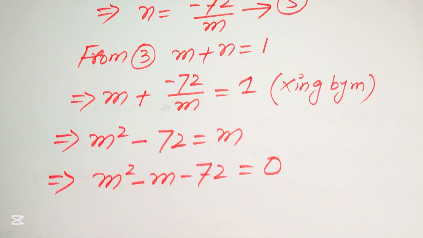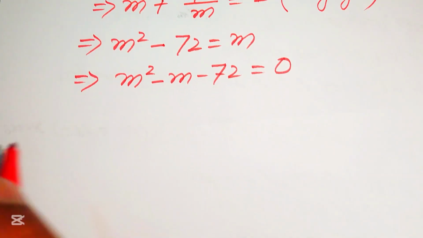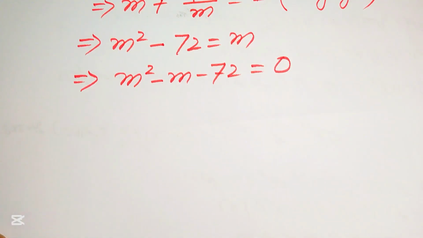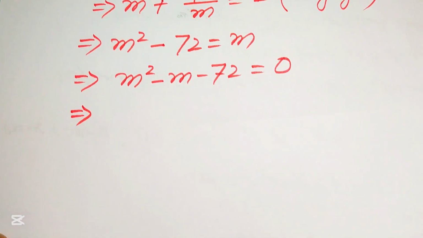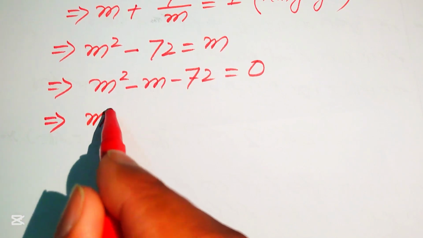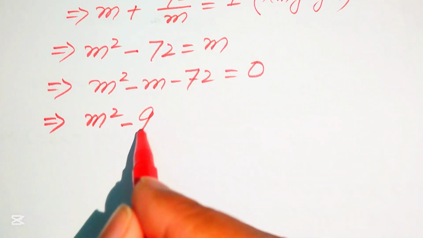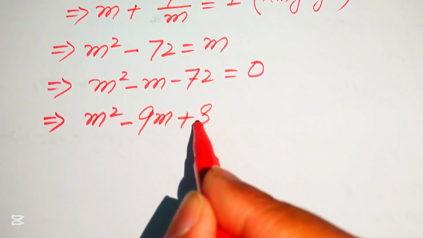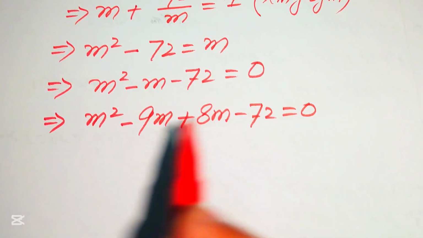So you see here, this equation becomes quadratic in m variable, so that now we can apply the quadratic formula in order to solve this quadratic equation, or in other words, you can also make the factors of this equation. So here we will make the factors of this equation, so that we will break the middle term. Its middle term is minus m. We write this minus m as minus 9m plus 8m, and this is minus 72 equals to 0.